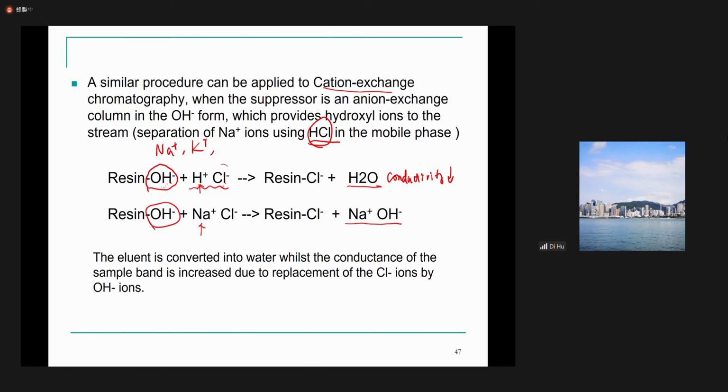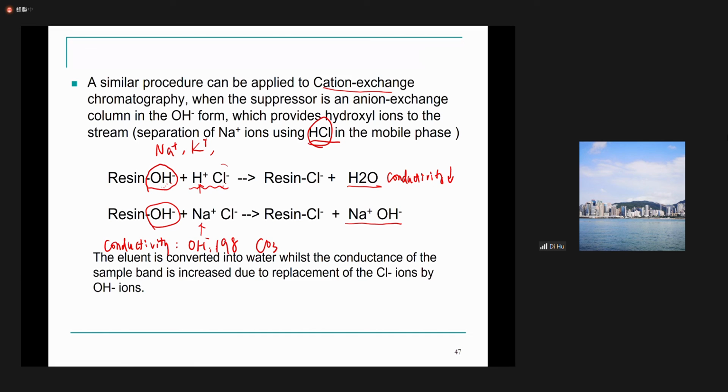So for your information, again, if we talk about conductivity, the hydroxy ion is the one with larger conductivity. The unit I'm not going to write again, it's the same as for the previous slide, okay?